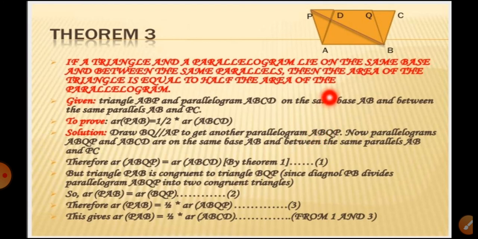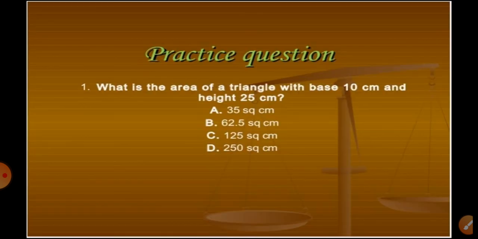Therefore, area of PAB is half the area of ABQP. This gives area of PAB, this triangle, is half the area of ABCD, from equations 1 and 3.